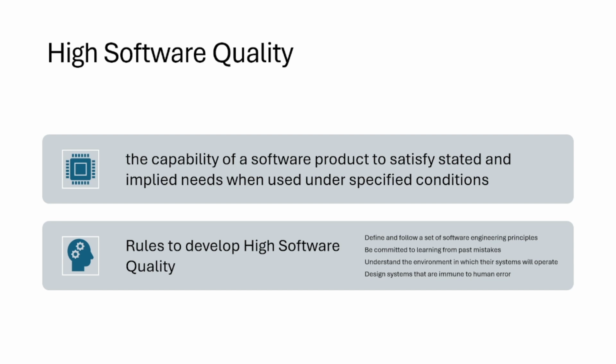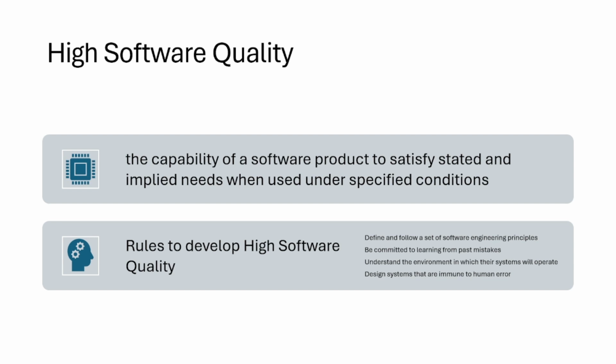To achieve high software quality, we have several important aspects, which are the functional correctness and the reliability. It's important for the software to be reliable to achieve high quality.